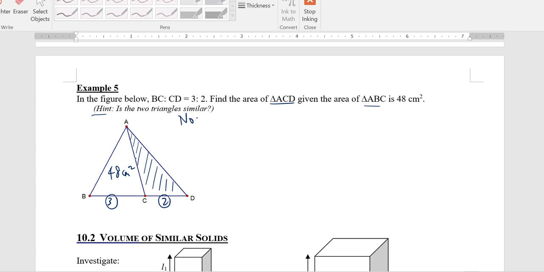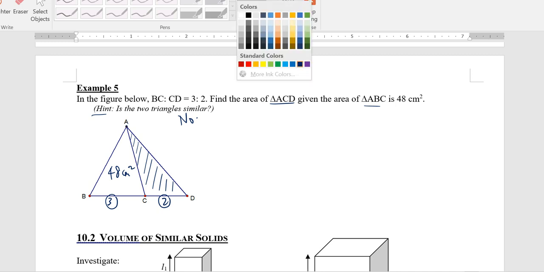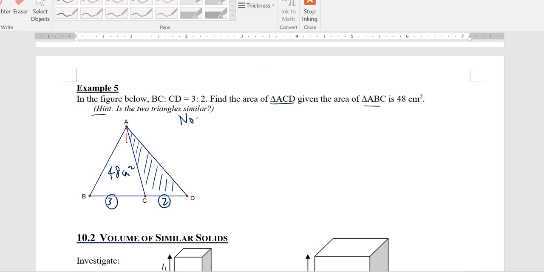Now, if you look at how the two triangles are side by side, and not only that, they start from the same highest point of A, and if we drop down a height from A all the way to the base, the base is what we call a shared base, and this height is also what we call a shared height, because for ABC, the height can be seen as the red color H, and for the obtuse triangle ACD, this height H is also its height.